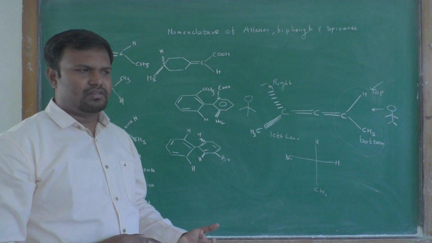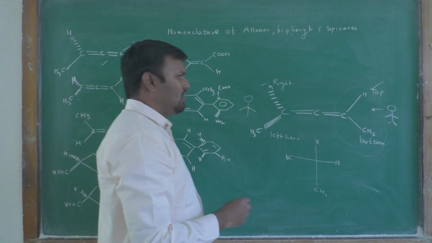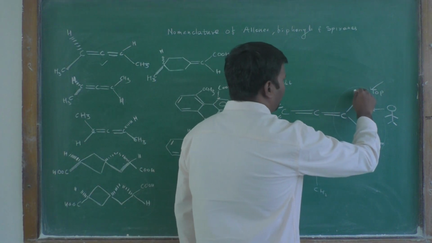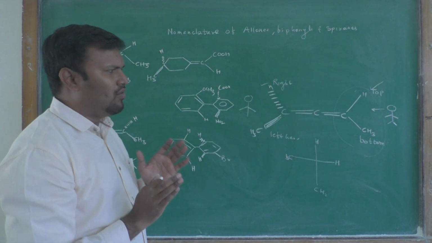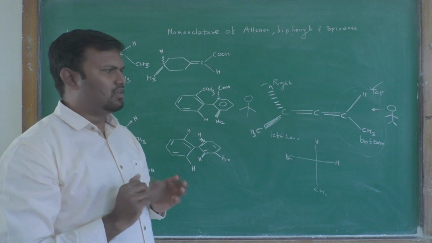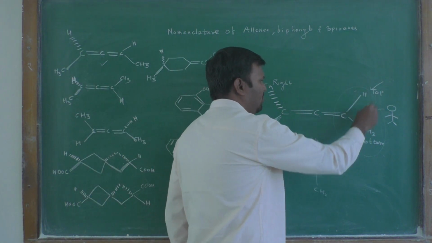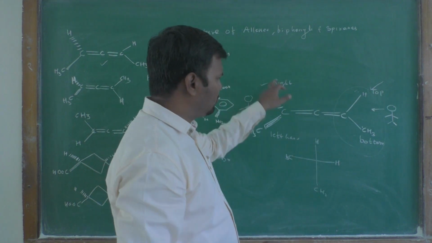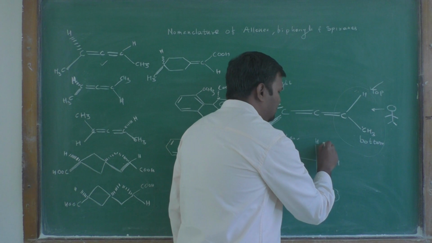Now you have to give the first and second priority to those groups from where you are looking. You are looking at this molecule from this side, therefore you have to give the priority to this group first, not these two groups. So this is the first and this is the second.